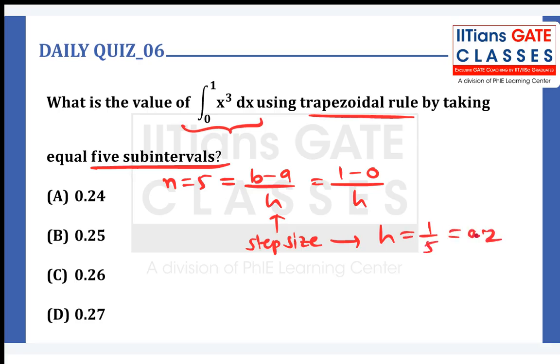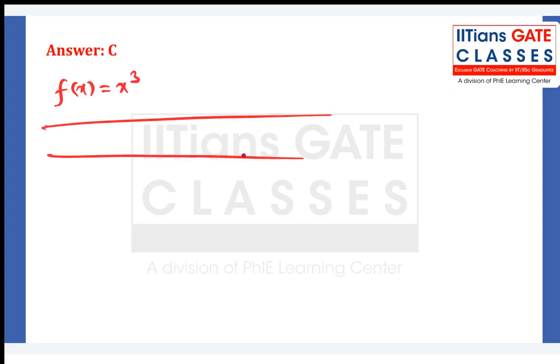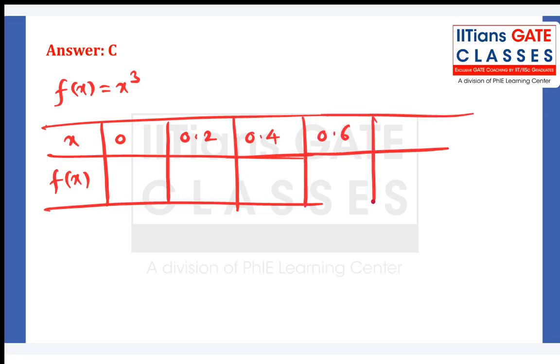So basically you are supposed to make a table. Here f of x is x cube. Let's say these are your x values and these are your f of x values. They are telling you to take steps of 0.2, then only you'll get 5 subintervals, right? In this kind of question, you are always supposed to create these kinds of tables, because you need function values at each point in order to get the solution.